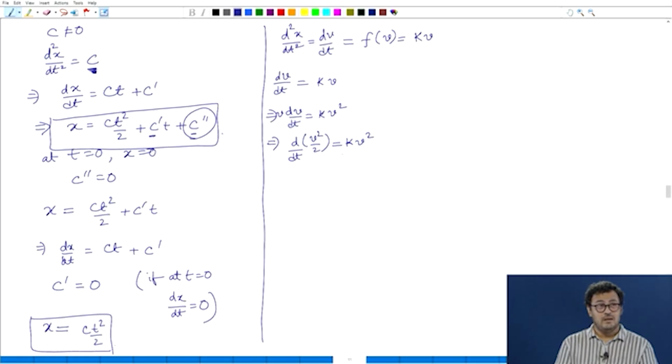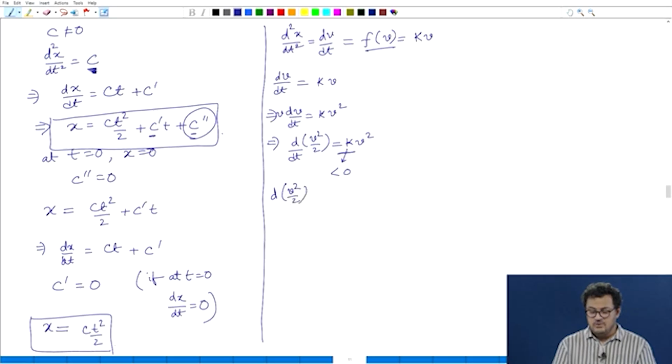At this point, if I make my k to be less than 0, you see that such a force is responsible for d dt of v square by 2 to be less than 0. On the other hand, if you choose your k to be positive, then your situation is different.